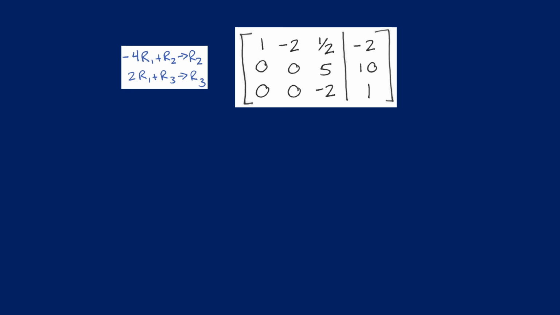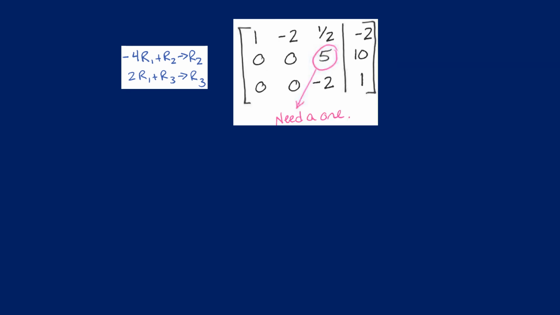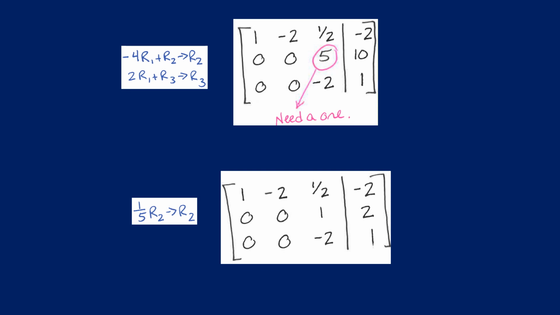So moving right along, looking at the next row, I've got 0, 0, 5. So the first non-zero number is a 5. We need it to be a 1. So we're going to have to multiply by 1/5 row 2 to get a new row 2 of 0, 0, 1, 2.